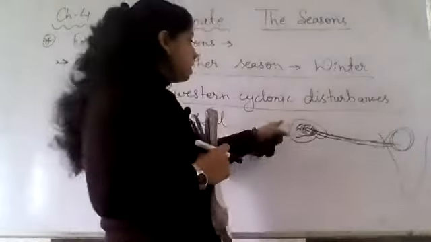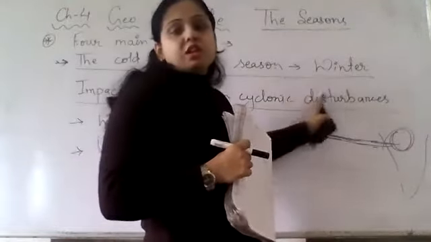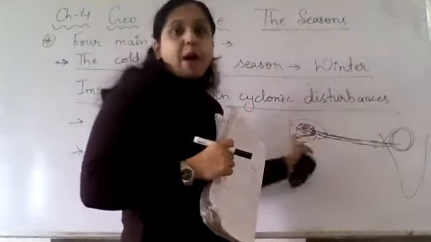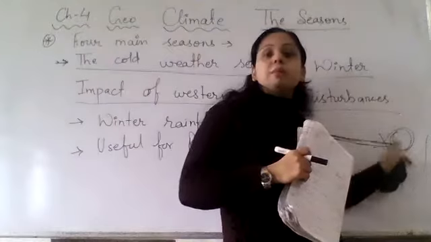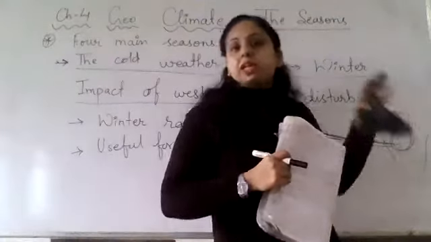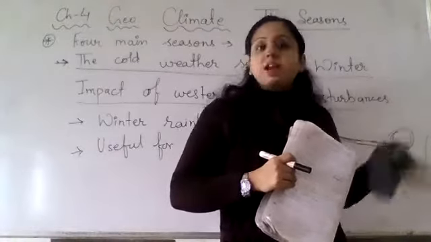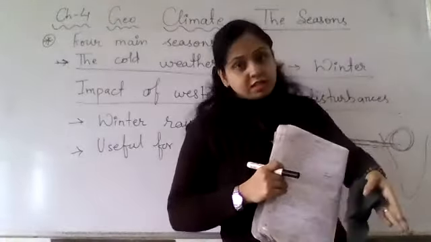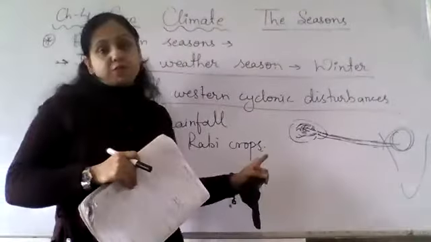In the same way, these western cyclones create destruction in the countries which are near to this. But the air which blows above this and comes to India brings moisture. It does not bring disturbance and destruction for us. In fact, it brings rainfall for us in winters. So this rainfall is very useful for rabi crops.